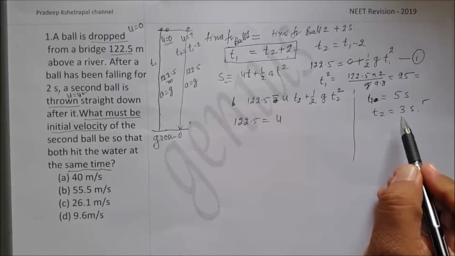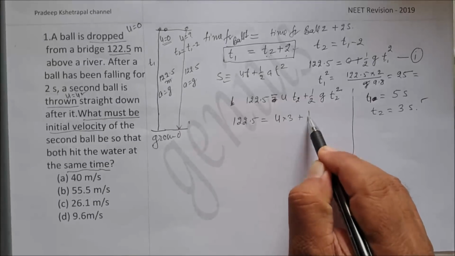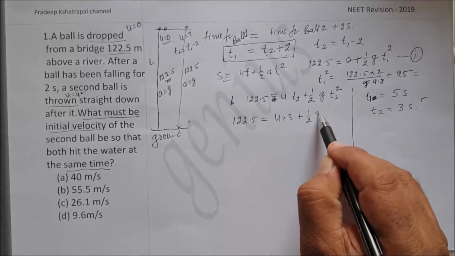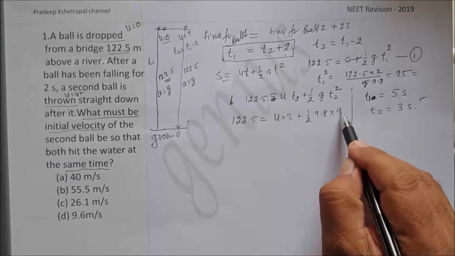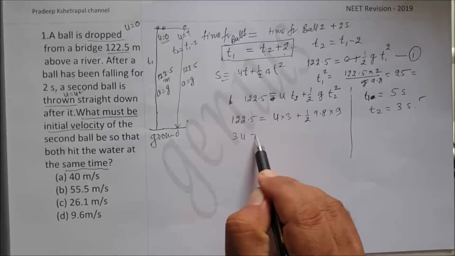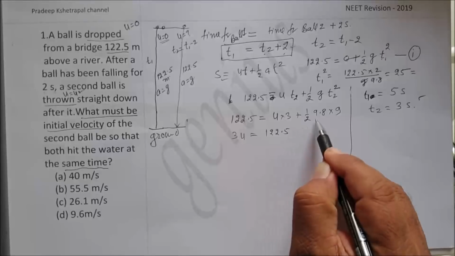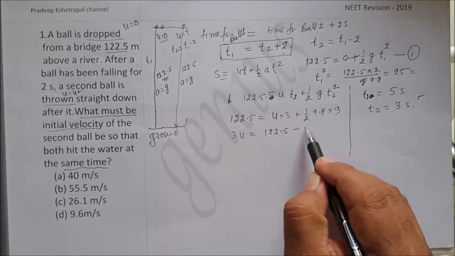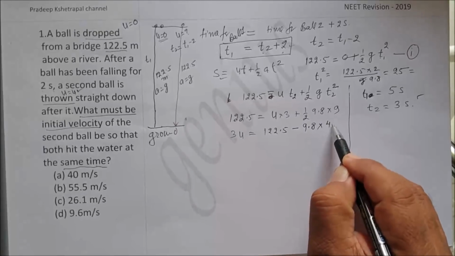So u into 3 plus half, and this is 9.8 multiplied by 3 squared, 3 3s are 9. So here we get 3u is equal to 122.5 minus 9.8 into 4.5.